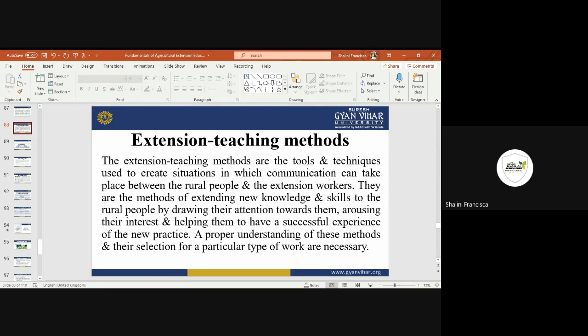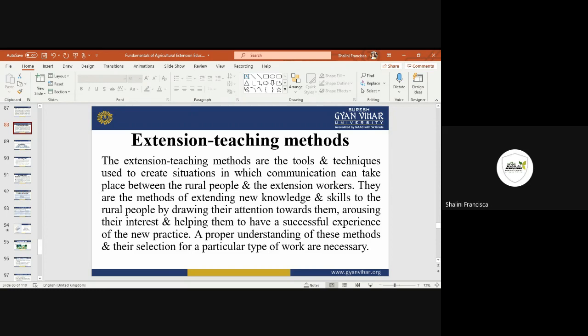For example, if a person wants to give a demonstration of how to do harvesting through threshers or machineries, then that person has to have good quality techniques and tools.